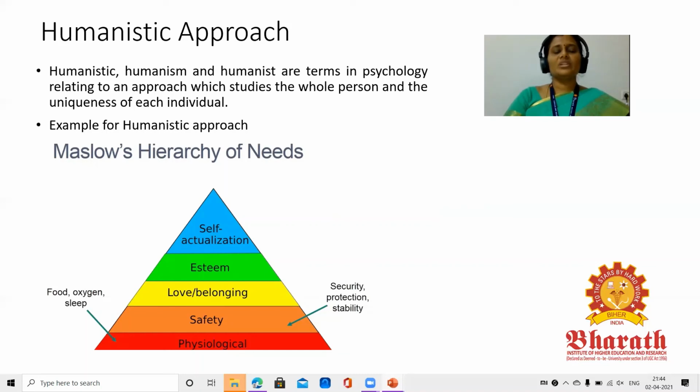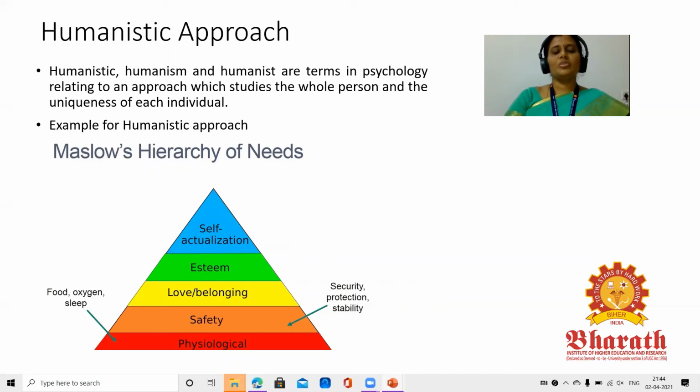I have given an example for the humanistic approach, that is Maslow's hierarchy of needs. He mentioned that every human being has five basic needs: physiological needs, safety needs, love needs, esteem needs, and self-actualization needs. First and foremost is the basic need.